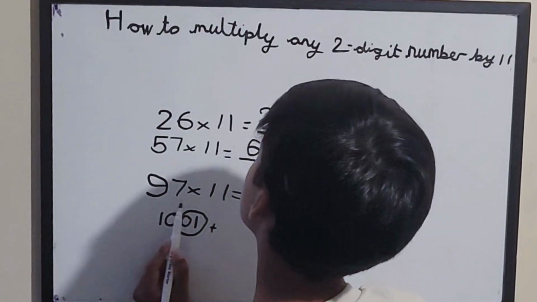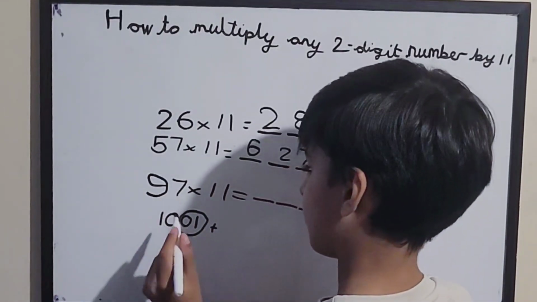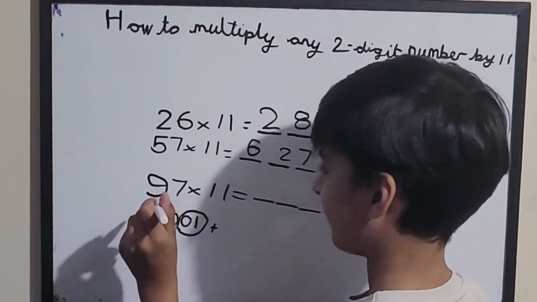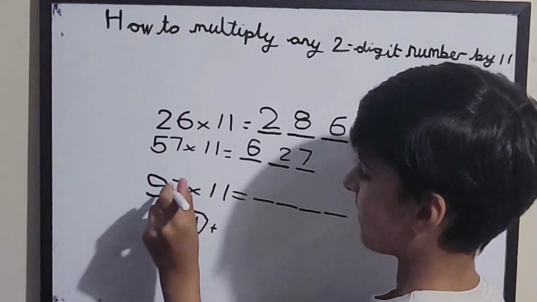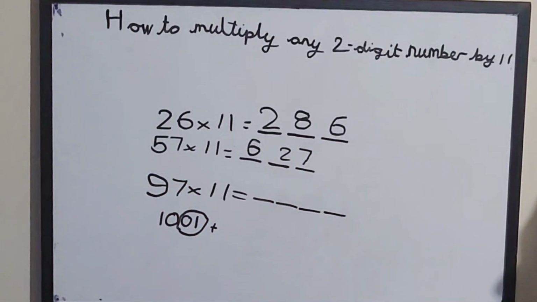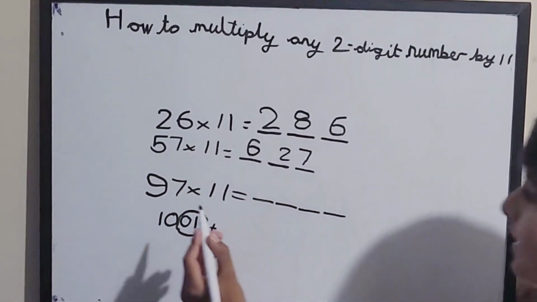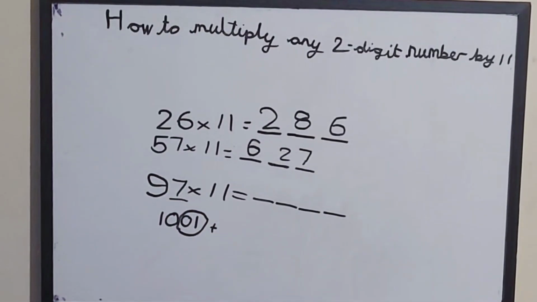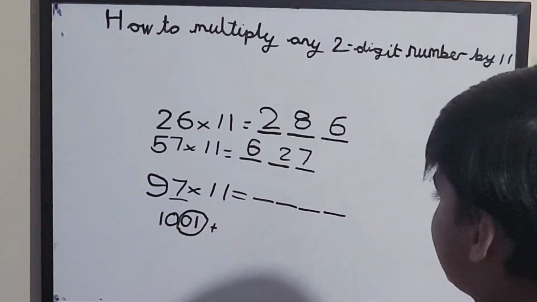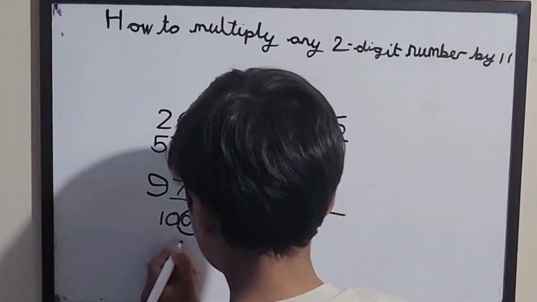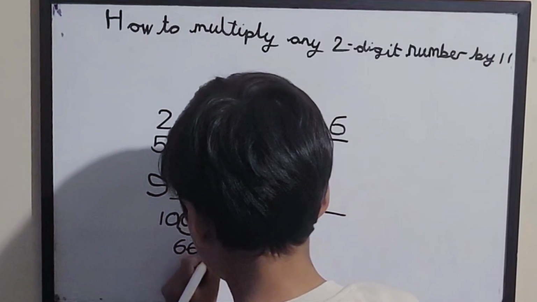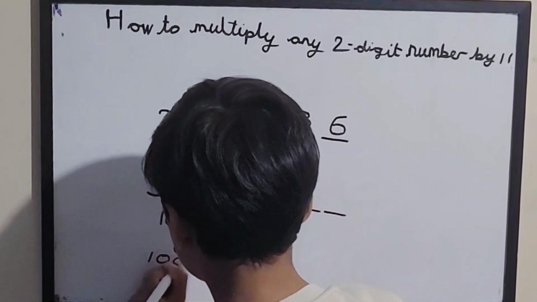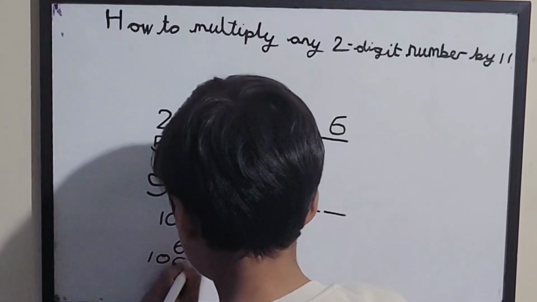So 7 times 11, or 6 times 11, yeah. 6 times 11, not 7, because it's 91. Take the last digit of the number, which is 7 over here, minus 1. 6 times 11, easy, 66. Then add it on to here. 1067.